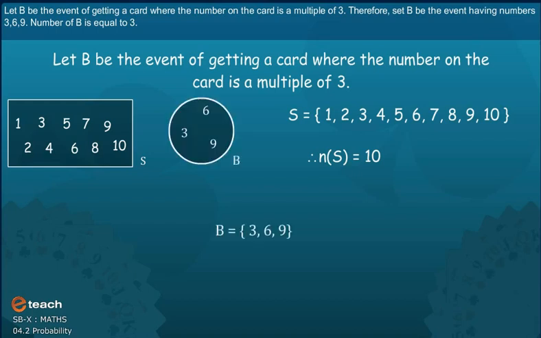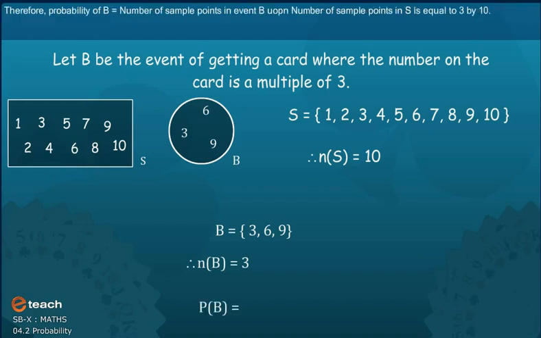Therefore, set B be the event having numbers 3, 6, 9. n(B) is equal to 3. Therefore, probability of B is equal to number of sample points in event B upon number of sample points in S, is equal to 3 by 10.